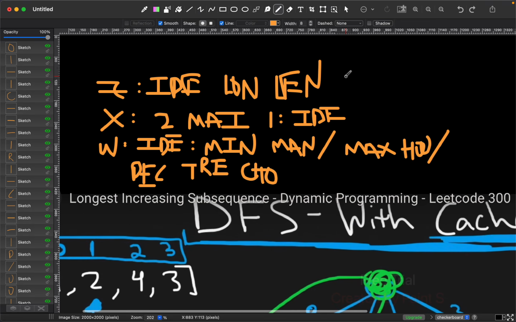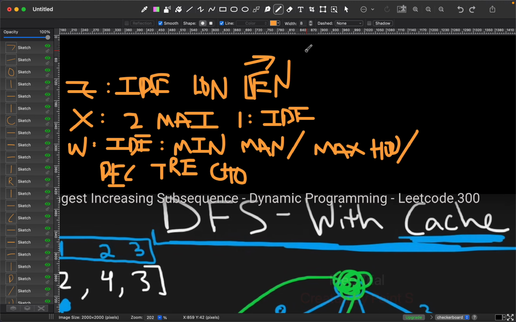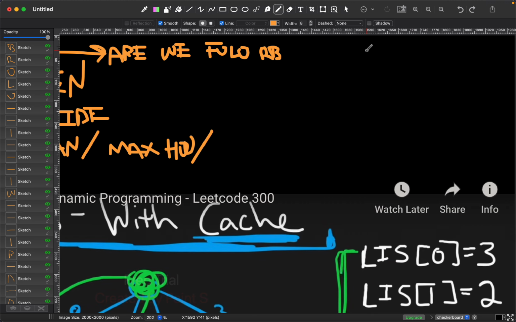So as far as we are concerned, operation Z is asking are we following the rulebook, and the rulebook is very much asking, okay, is it increasing value, are we out of bounds?